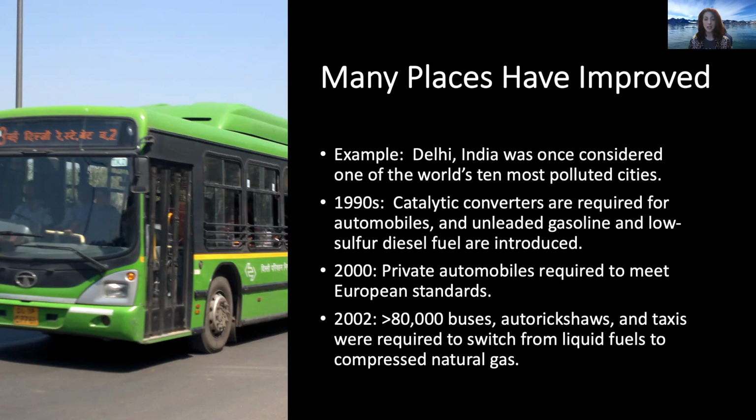In the year 2000, private automobiles were required to meet European standards for air quality control. And in the year 2002, more than 80,000 buses, auto rickshaws, and taxis were required to switch from liquid fuels to compressed natural gas. So there are ways to move forward, and many places have improved.